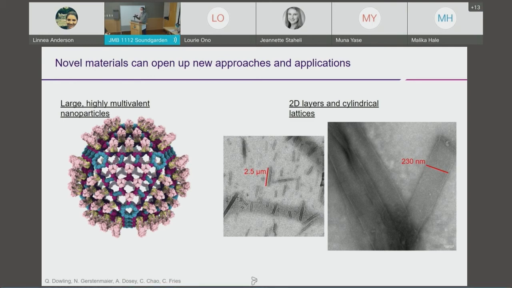And so if you add just homo B and just homo C together and nothing else, you should get a hexagonal layer that extends infinitely in 2 dimensions. But what Quentin saw instead was tubes. Cylindrical lattices. So these things roll up and close when they assemble to form this new type of structure that we had never seen before.